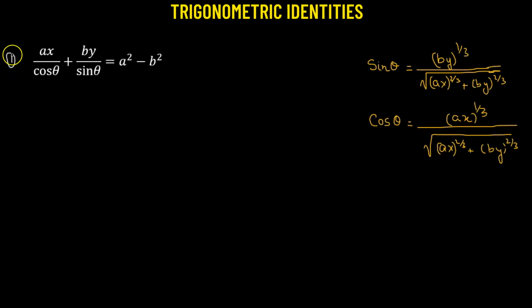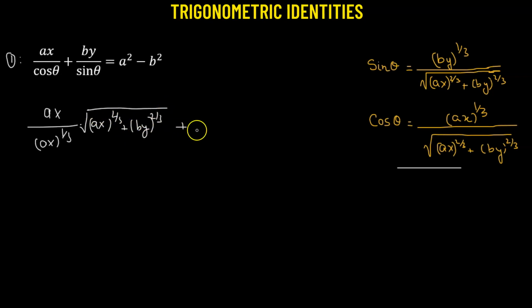We'll start with equation number 1, which is ax over cosine theta plus by over sine theta equals a squared minus b squared. Now ax divided by cosine theta can be replaced with the following expression. So we have (ax)^(1/3), and since it is divided by the denominator, that gets multiplied to give us (ax)^(2/3) + (by)^(2/3).